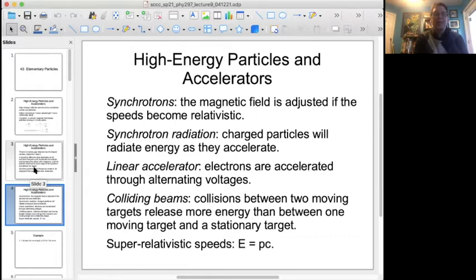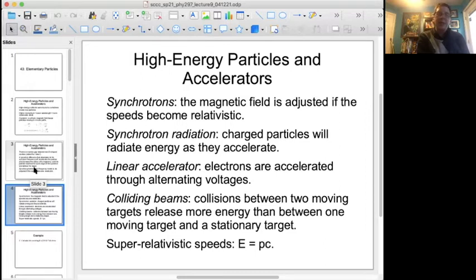Now, also, you generate more energy if the target is not stationary, but rather moving in the opposite direction. So you want to create as energetic a collision as possible. And so sometimes the electrons, or whatever particles you're talking about, are flying around at super relativistic speeds.